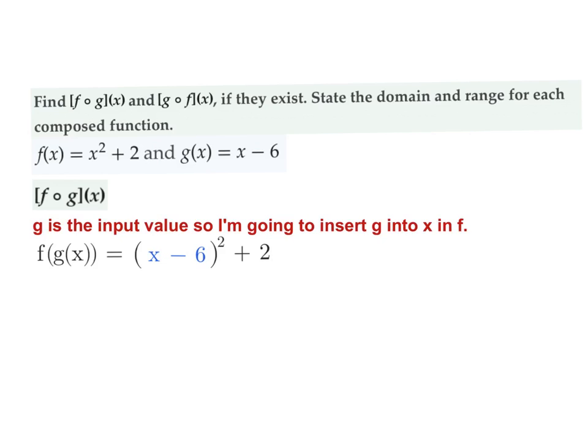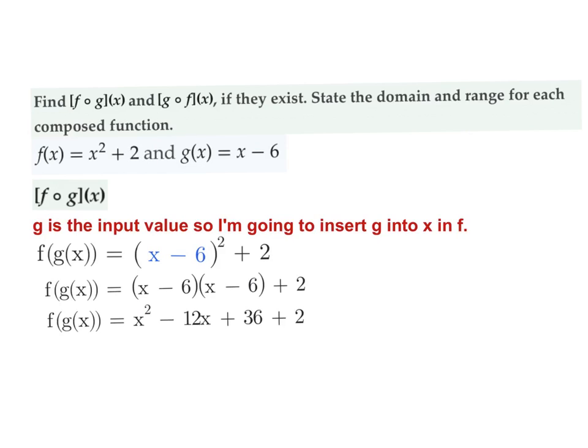Okay. So what is x minus 6 all squared? X squared minus 12x plus 36, correct. Remember, it's a binomial, so you have to FOIL that. And so all of this here is x squared minus 12x plus 36.